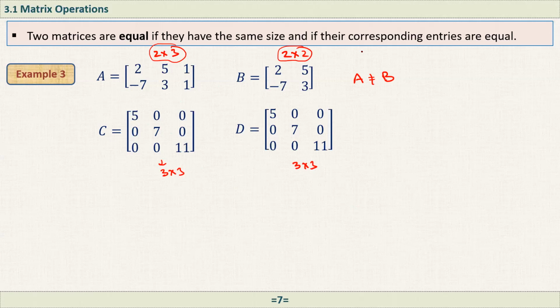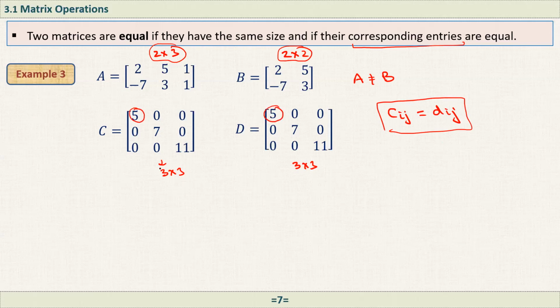Now, we also have 2 conditions here. The second one is that corresponding entries must be equal, right? Corresponding means if you pick any entry from here, let's say it is Cij, is it equal to Dij? When we say corresponding entries, we mean this, right? See here, this entry 1 1 corresponds to this 1 1, right?